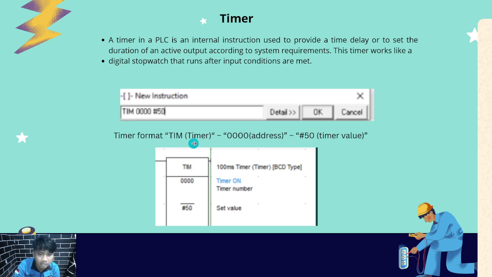Timer format: TIM or timer 0000, address hashtag 50, timer value. This is the view in timer, a slide view. Okay, the next slide.